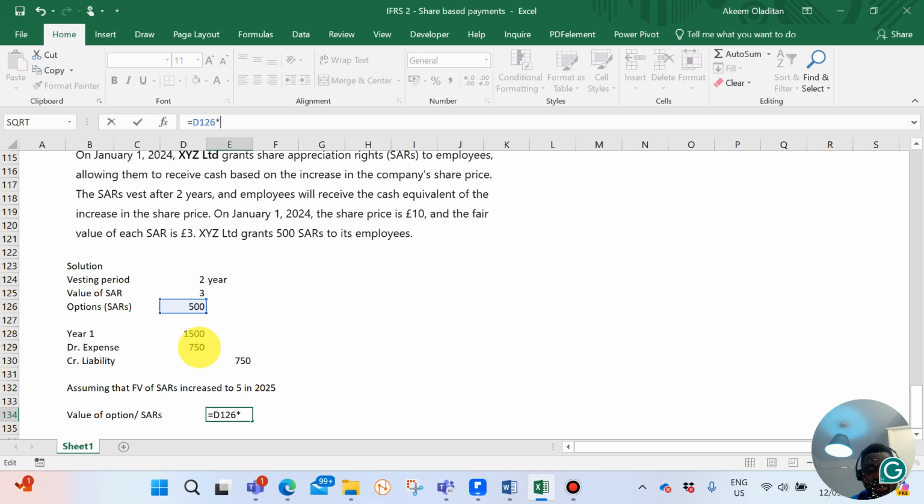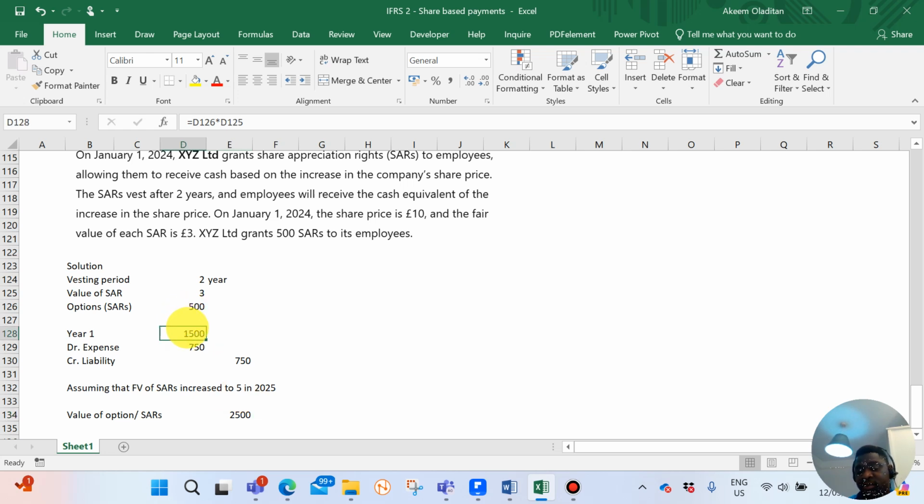It has increased from £3 to £5. So the total value will now be 2,500. What that means is that what should be sitting in the books is 2,500, no more the 1,500 that you have here. But if you look at year 1, we already charged 750 to liability.